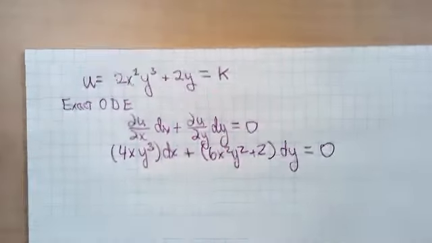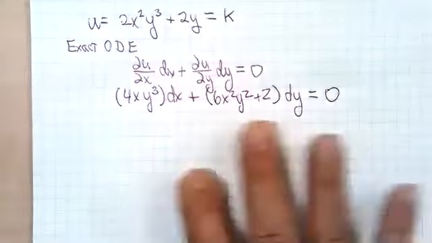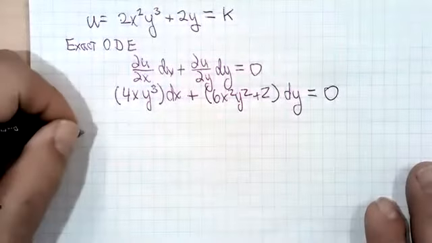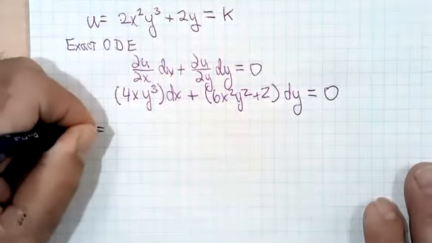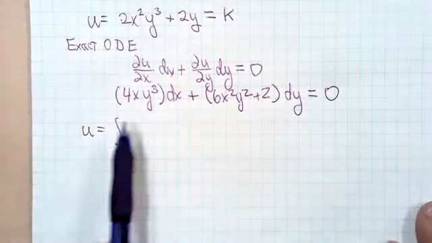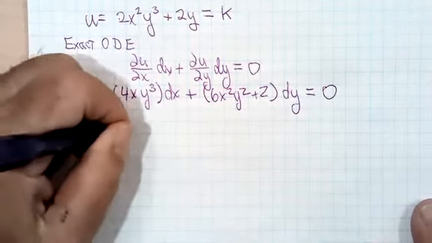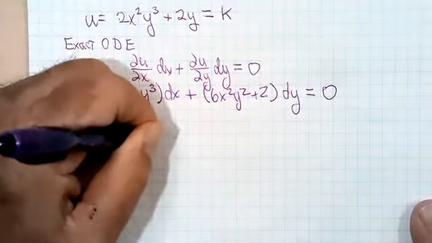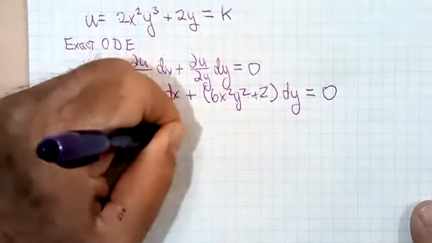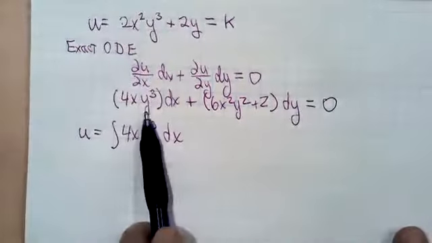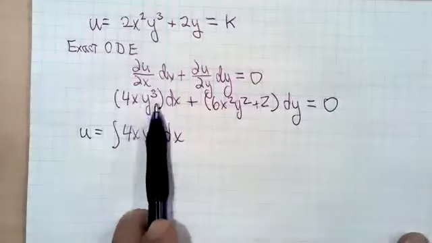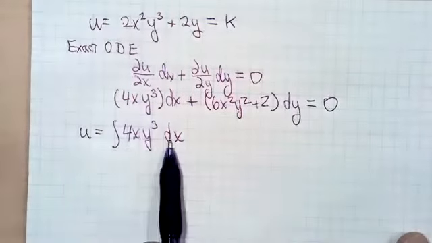So now let's recover the u from this, and I'm going to show you in more detail what that looks like. So what I'm going to do is take the antiderivative of this one, 4xy cubed, with respect to x. Why? Because if this is exact, this is the partial derivative of u with respect to x.